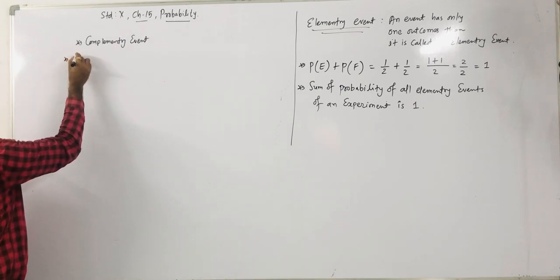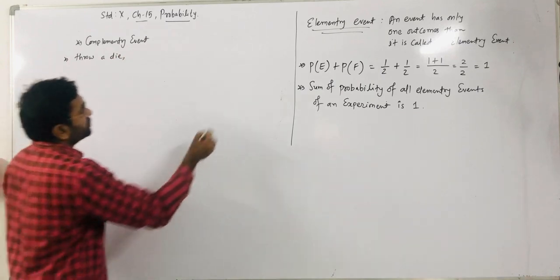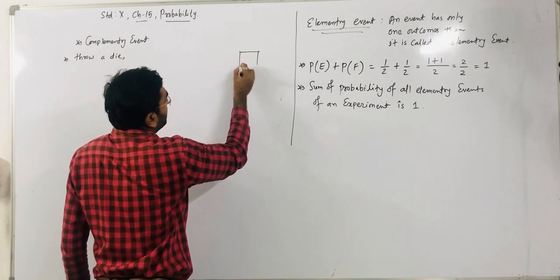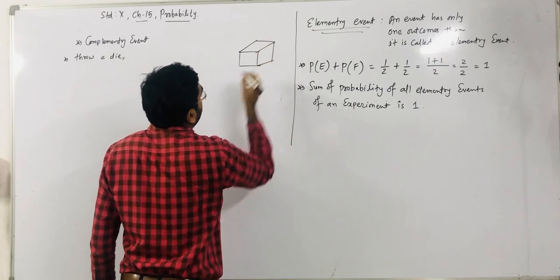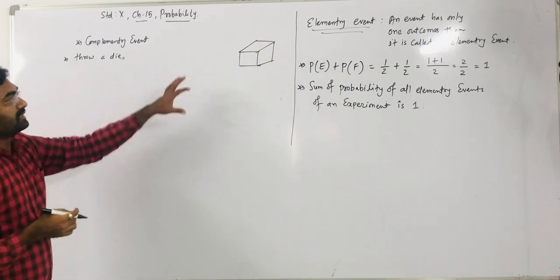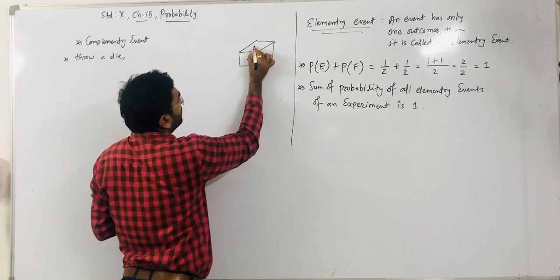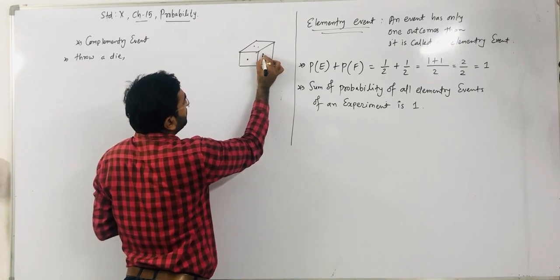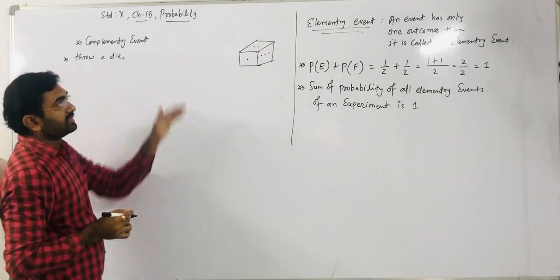Suppose we throw a die. Die means what? You all know in a game there is a die, which we can represent in that way. In which one face is 1, another face has 2 points, and other faces have 3, 4, 5, and 6.